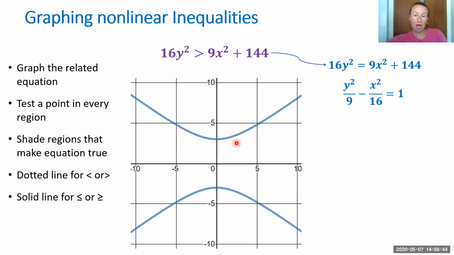Once you draw that box, you put lines through the corners of the box to guide your asymptotes. We know it opens up and down because y is first and x is being subtracted. So from the very top of our box, we create our hyperbola using the box as a guide.